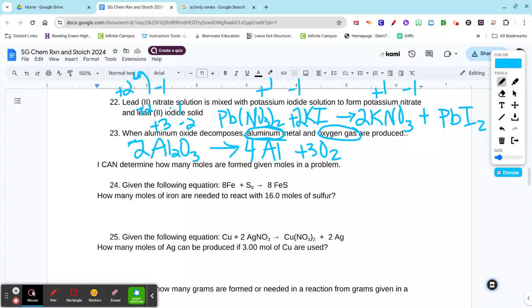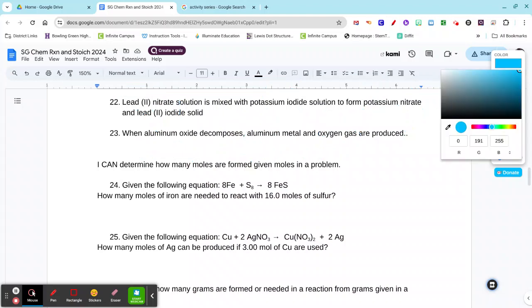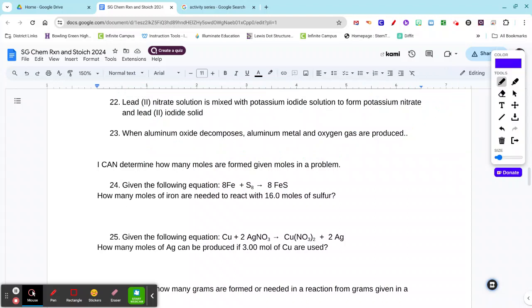All right, now we're going to get into the math portion of the study guide. All right, and so this next equation gives us 8Fe plus S8 gives me 8FeS, and it wants to know moles of iron, okay, which is there. And I'm starting with 16 moles of sulfur, which is there. So I'm going to start with what it gives me, 16 moles of S8.